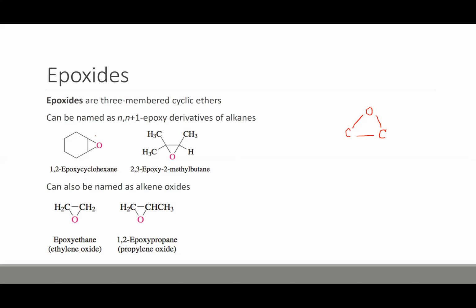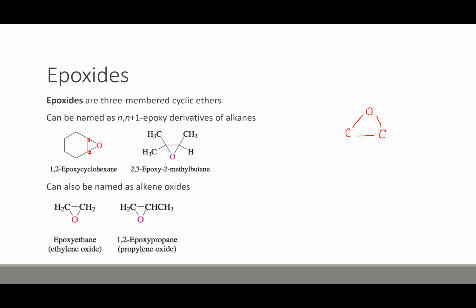So here in our first one, this ring we know is a cyclohexane, and we can say that the epoxide group is on carbons 1 and 2. So its whole side group name is 1,2-epoxycyclohexane. Here is another example of a chain. So our longest chain is actually 4 long.